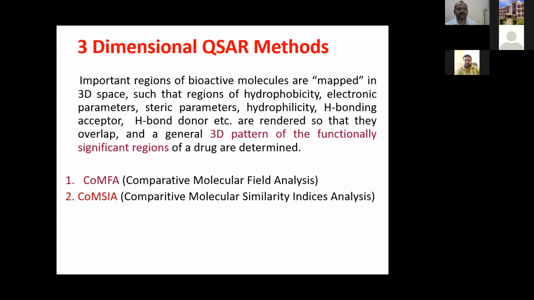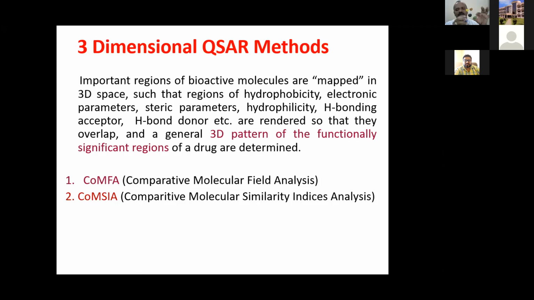Okay, so in this context, important regions of the bioactive molecules are mapped in the three-dimensional space. If you think that this is the molecule, this is the ligand, it is mapped surrounding this molecule like this. So now you get some colors.